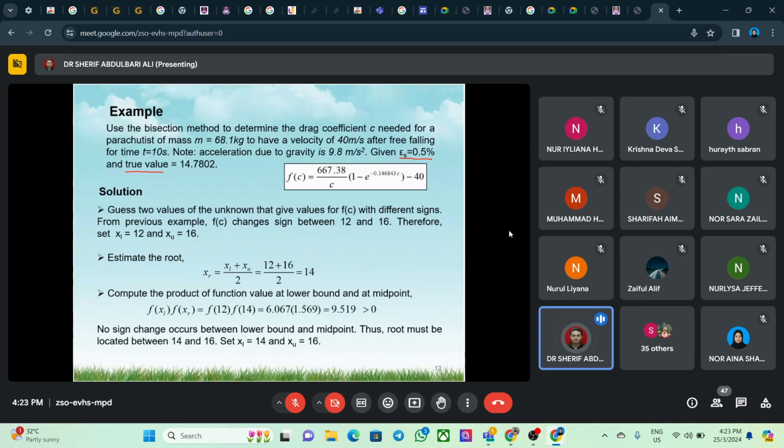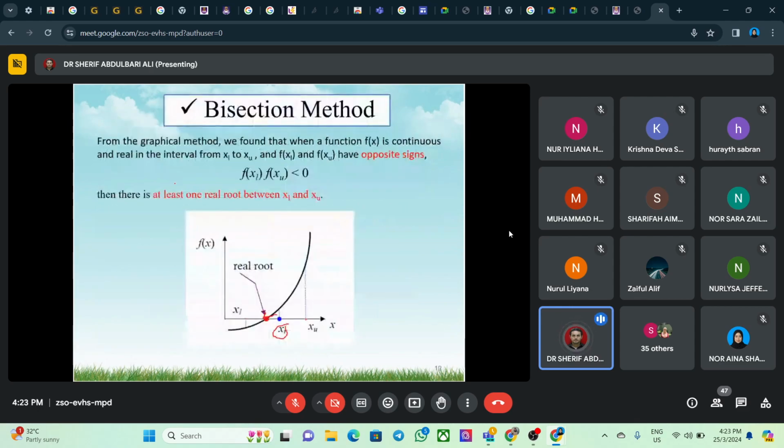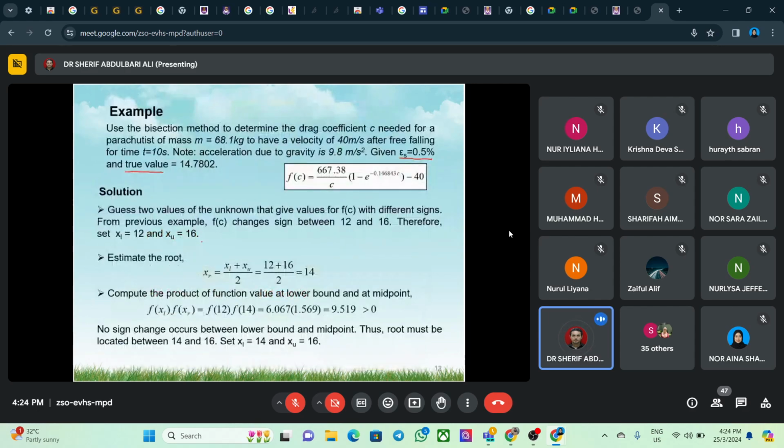Okay, so the answer that we want to achieve, the real answer, in our case the red dot here, the real root, is supposed to be 14.7802. This is the value that if you substitute here, you are going to find that this function is equal to 0.